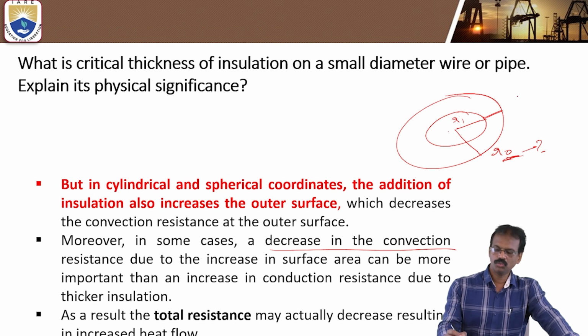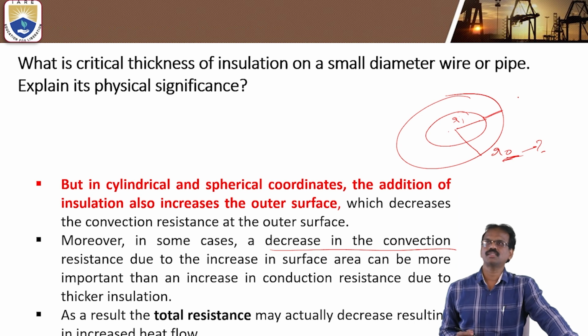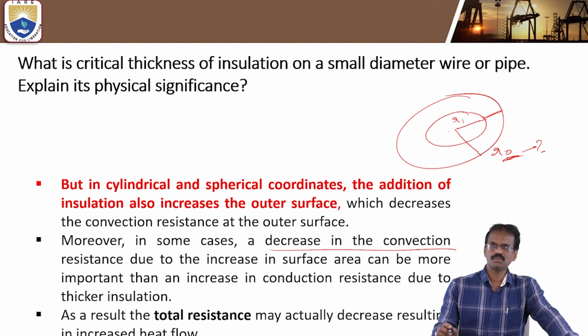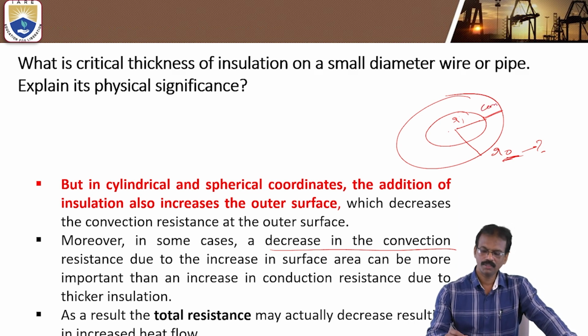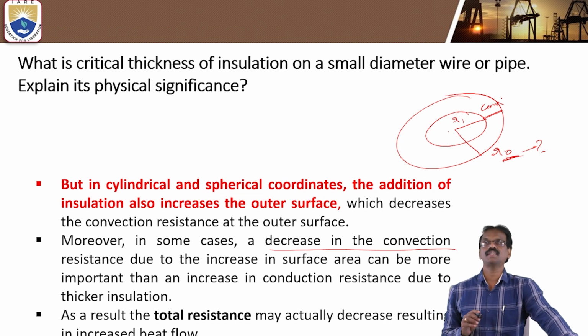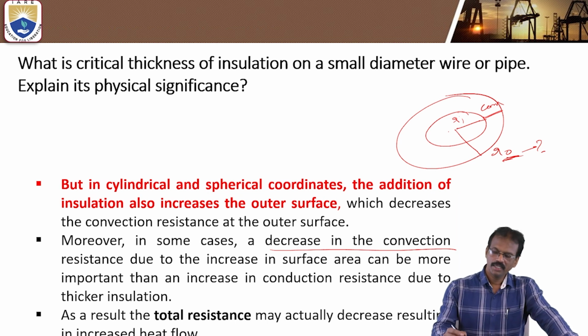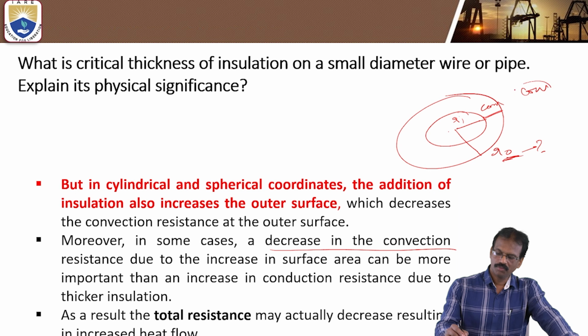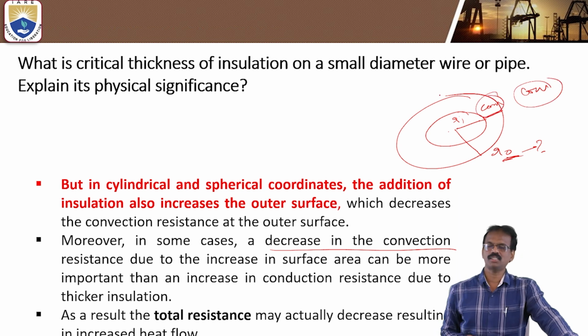Here we will see two types of resistances, or two types of heat transfer modes. One is the conduction mode in the insulating material. Another one is the convection resistance, from the outer surface of the insulating material to the ambient temperature. So one is the convection resistance, another one is the conduction resistance.